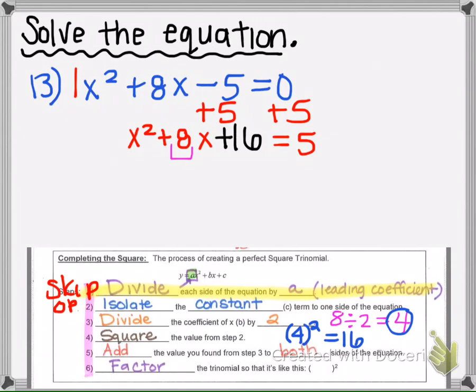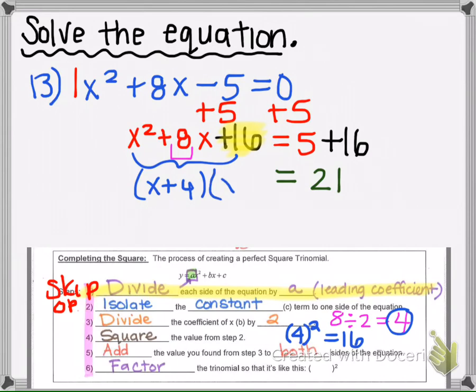Now whatever I do to one side, I have to do to the other side to keep it still equal. I'm going to simplify here. 5 plus 16 here is 21. Now the whole purpose of putting this number here is that now you can factor this as x plus 4 times x plus 4.